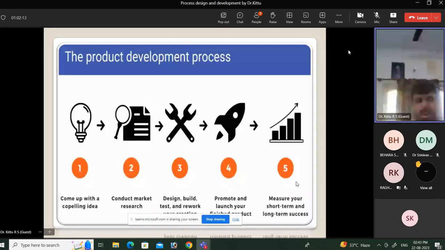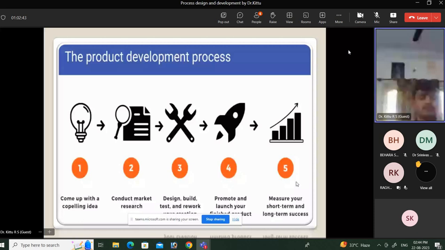So in step one, we always try to come up with a couple of ideas. If we have only one idea, we can't generalize or eliminate whichever ideas are not required. If we have different ideas, or a larger number of ideas, we can eliminate the ideas that are not necessary.